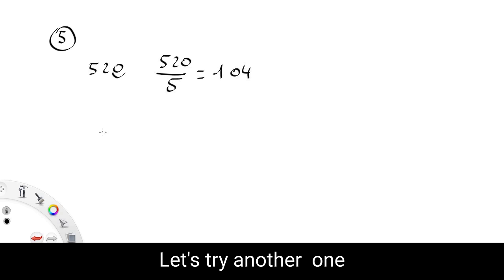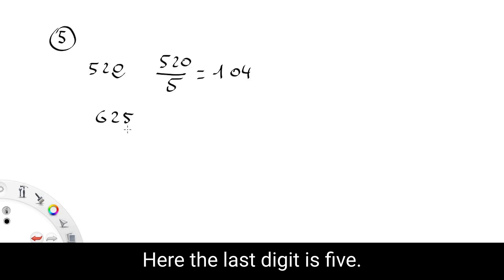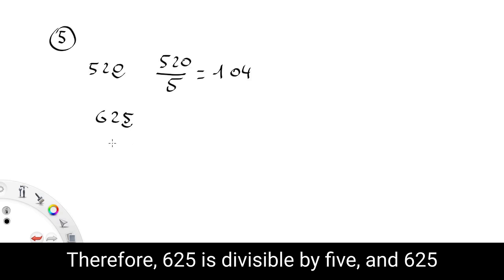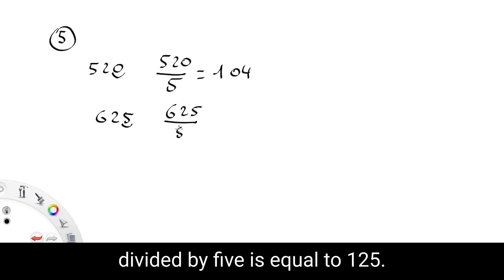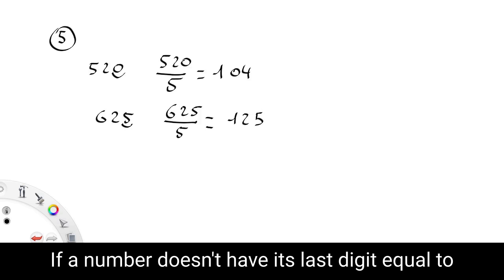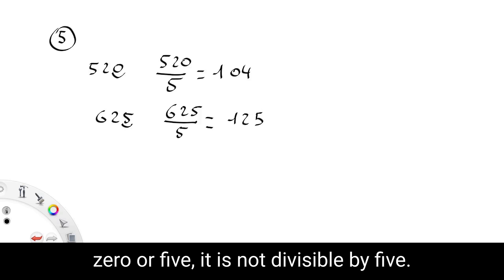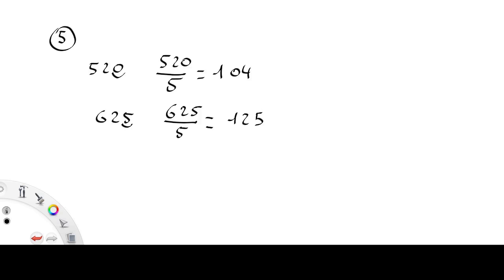Let's try another one. 625. Here the last digit is 5, therefore 625 is divisible by 5, and 625 divided by 5 is equal to 125. If a number doesn't have its last digit equal to 0 or 5, it is not divisible by 5.